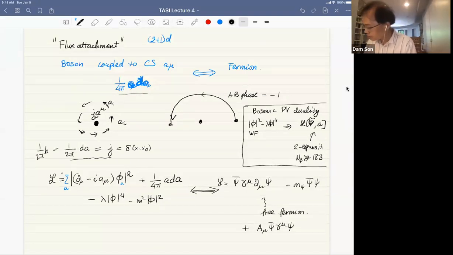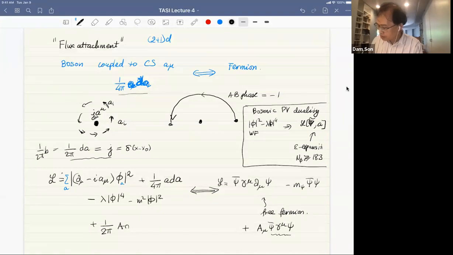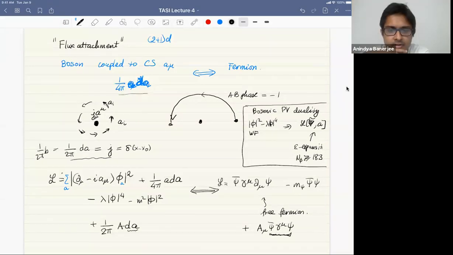So this is a conserved charge. And the equivalent conserved charge here would be (1/2 pi) a dA, the Chern-Simons term. So the number of fermions on the fermionic side is the flux quantum of the little a field on the other side. And the axial symmetry?